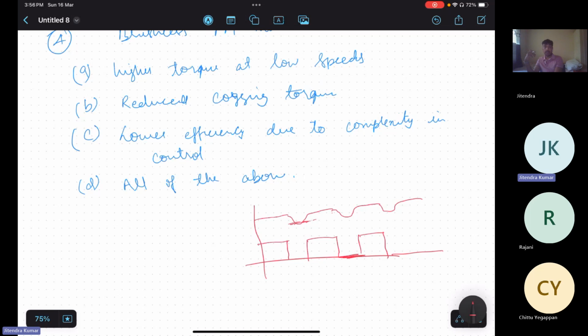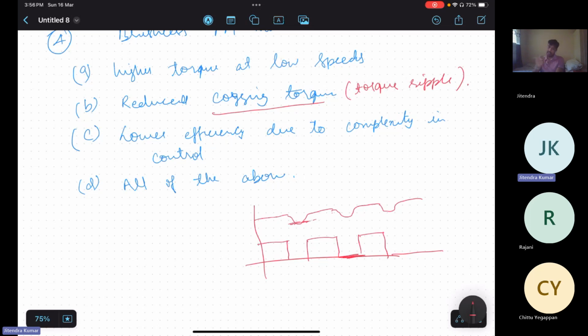But what happens with sinusoidal excitation? Actually, the torque ripple should have been better. Cogging torque also happens at no load.